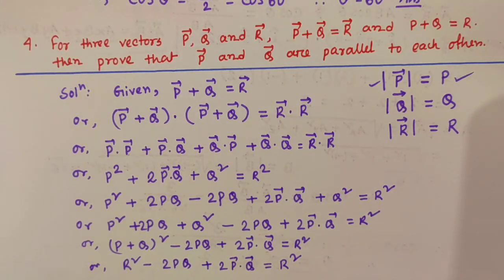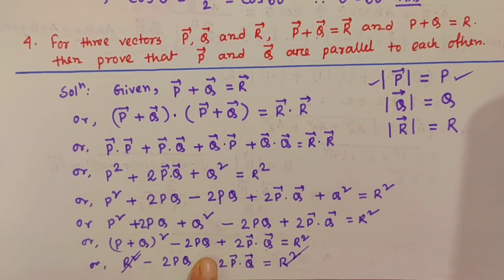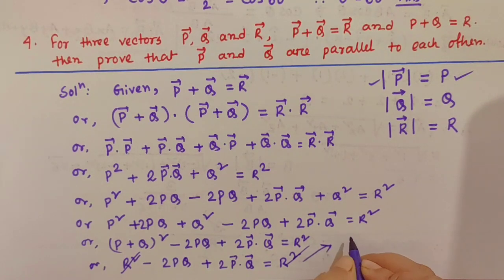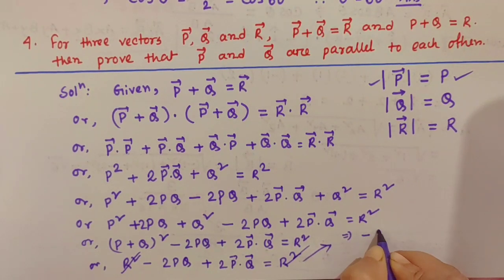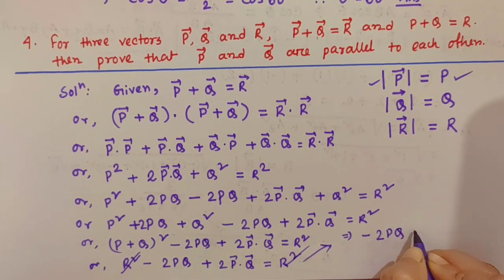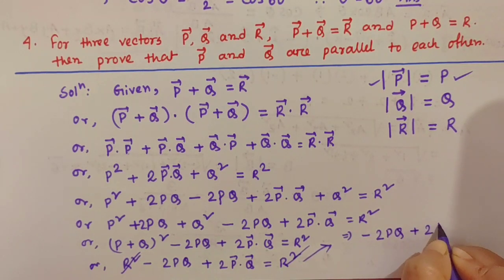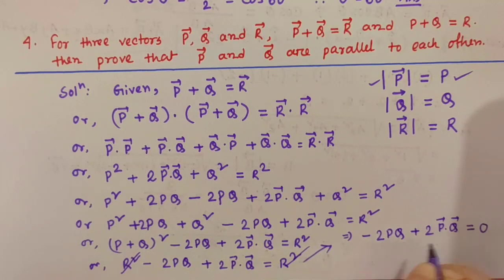From both sides, this R square and R square cancel out. And from this line next we can write minus 2PQ plus 2 P vector Q vector is equal to 0.